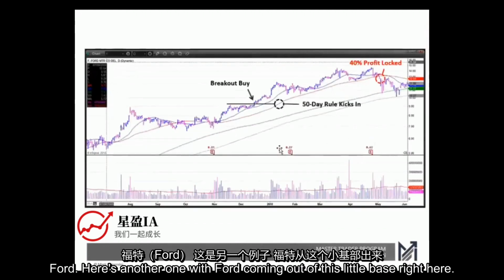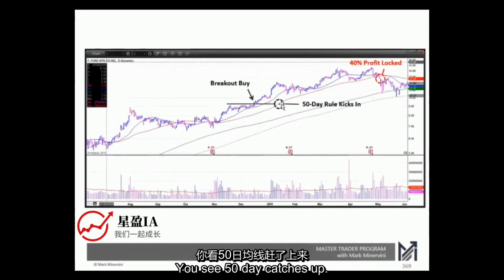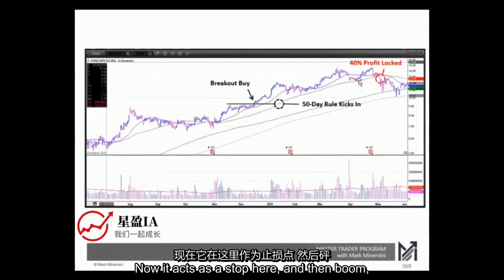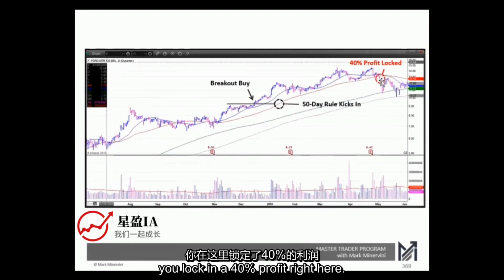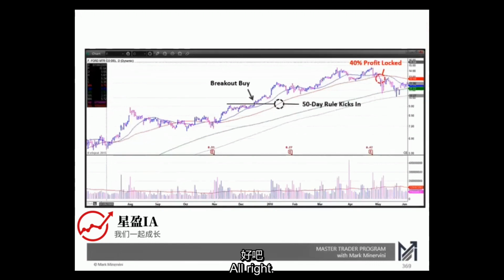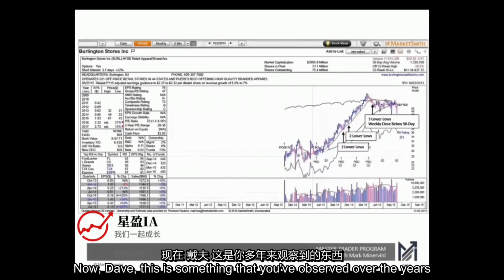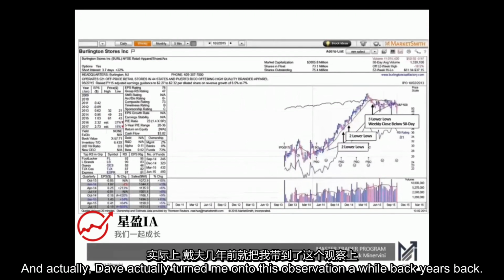Ford, here's another one, coming out of this little base right here. You see the 50-day catches up, and now it acts as a stop here, and then boom, you lock in a 40% profit right here.